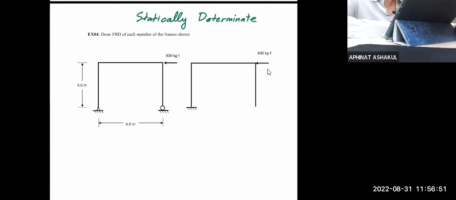I've seen in many years that some students have trouble solving for the reactions. So let's say with this picture, this way. And let's say I have exactly the same two supports at the same location, and this force at exactly the same location. And then I have this frame.